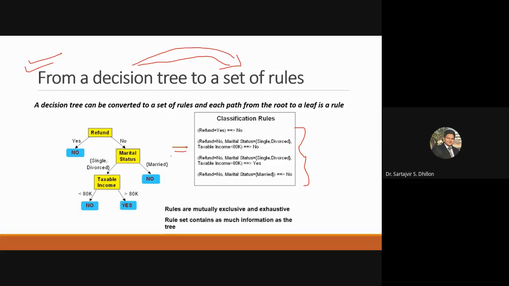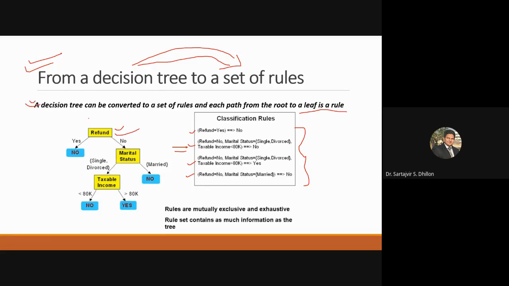In the yellow box, there are rules for each decision node as well as for each leaf node. So a decision tree can be converted into a set of rules, and each path from the root to a leaf is a rule. Hopefully you are clear with this line.